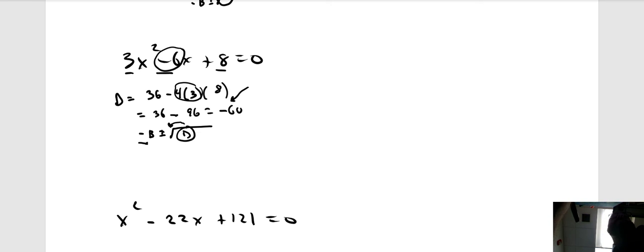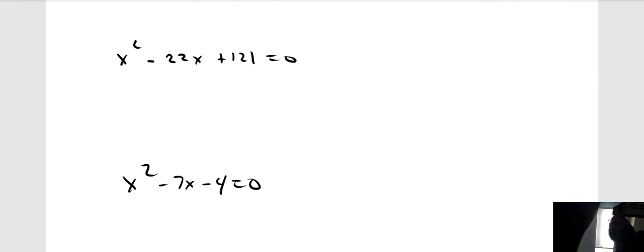So I'll just put our discriminant as negative 60. We're going to have 2 imaginary solutions. And I'm going to go ahead and let you folks please do this one and this one. We will discuss first thing when we come in.